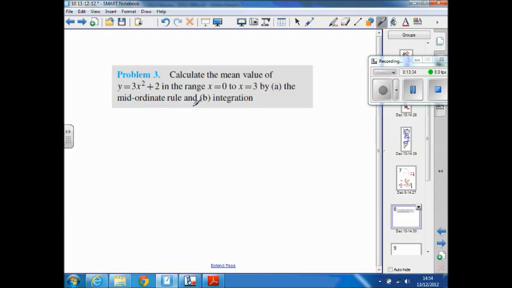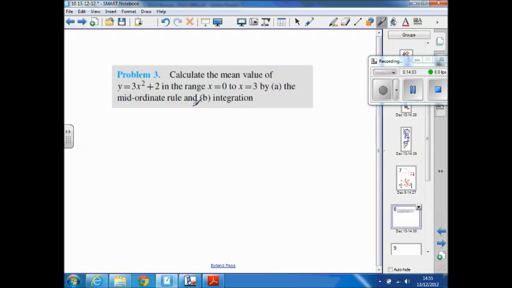There are quite a few different ways to find the area under the curve by a numerical method, which means you don't integrate it; you just divide it up into strips and work out the area altogether by finding the area of each strip, as you'll see. Sometimes you need to do it that way, especially if the function is very complicated or if you don't even know what the function is. But anyway, let's have a look at finding the mean value of this function using integration.